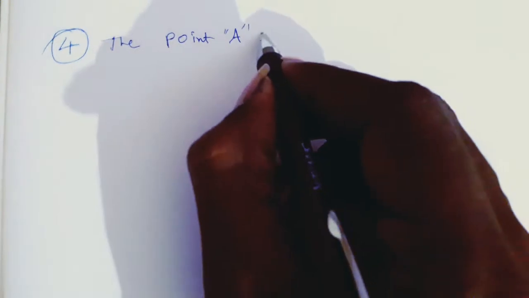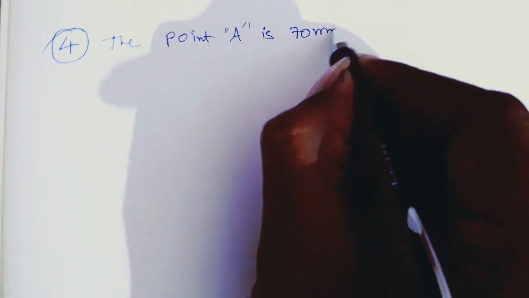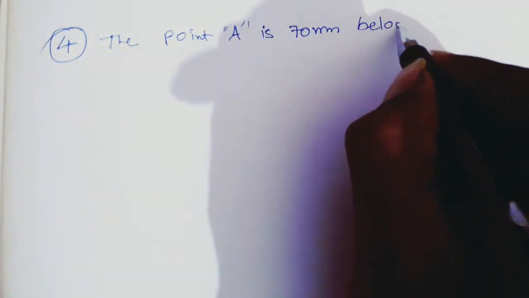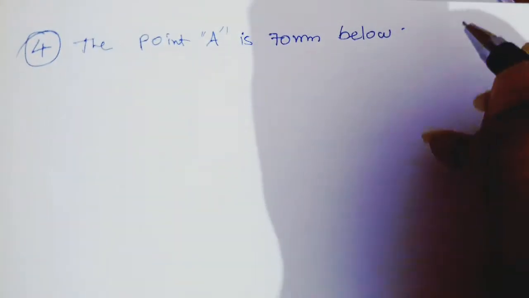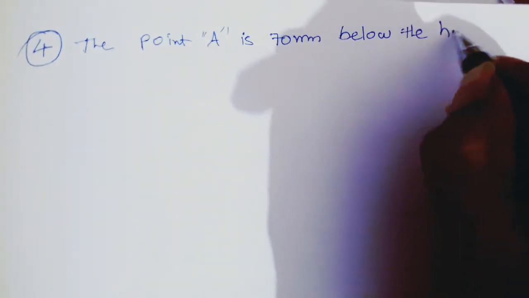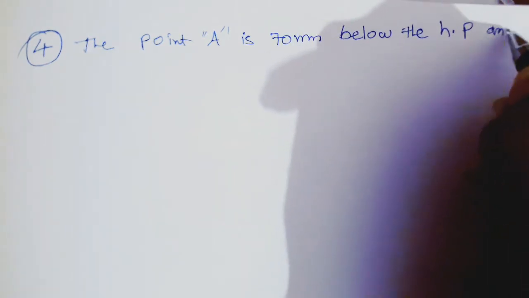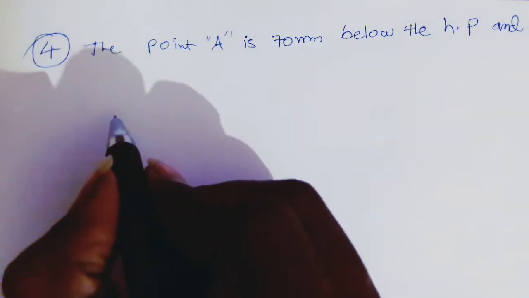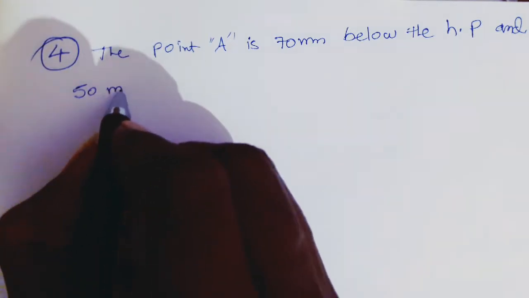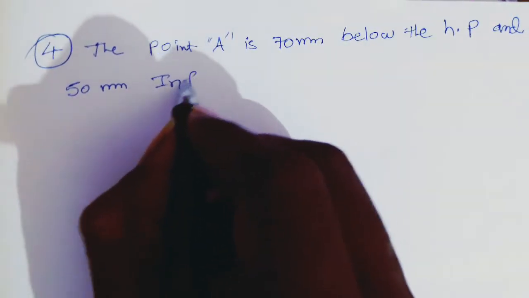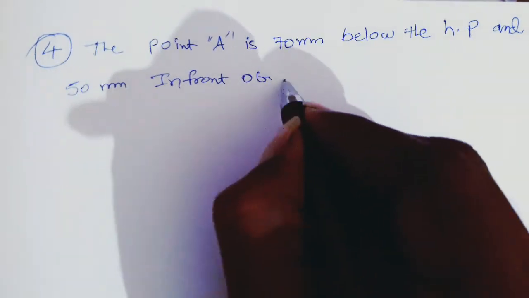Next, the fourth one. The point A is 70 mm below the HP and 50 mm in front of the VP.